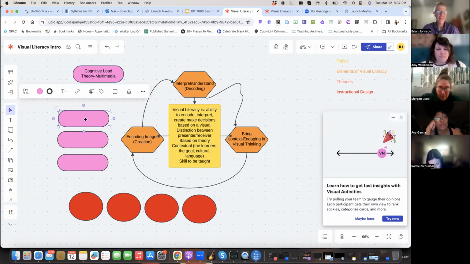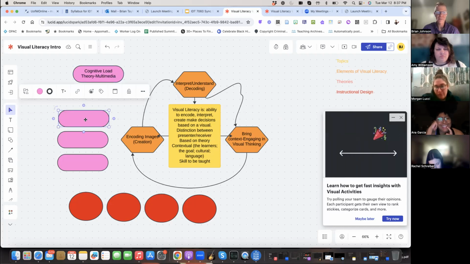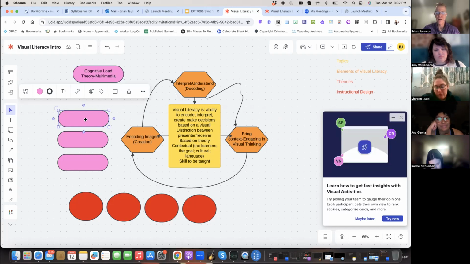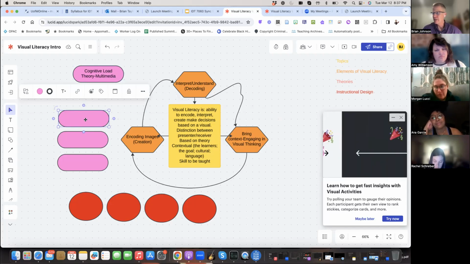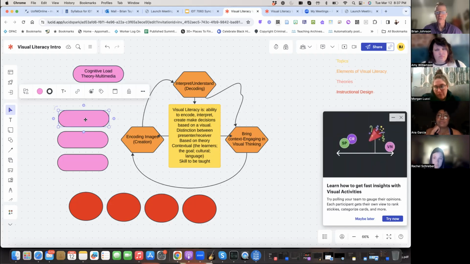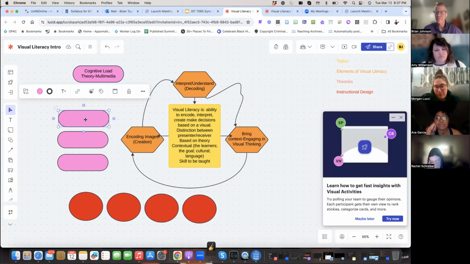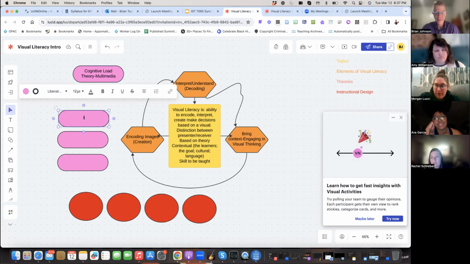Okay. Any other theories? Anything a little bit further down the road in terms of the theory piece? Did you guys come across information processing theory this week? A little bit. Anyone want to chime in on that?